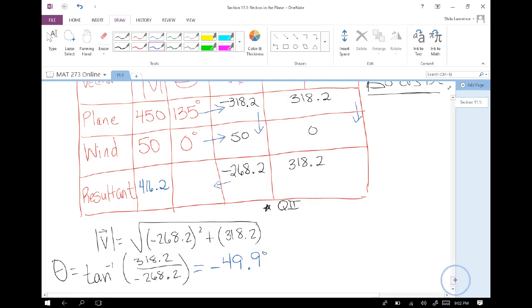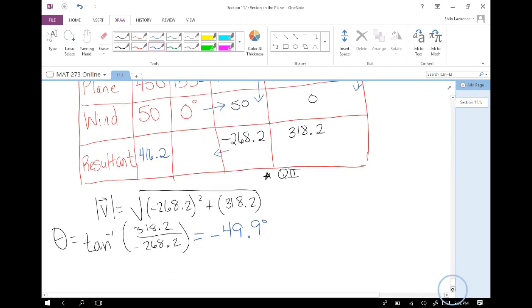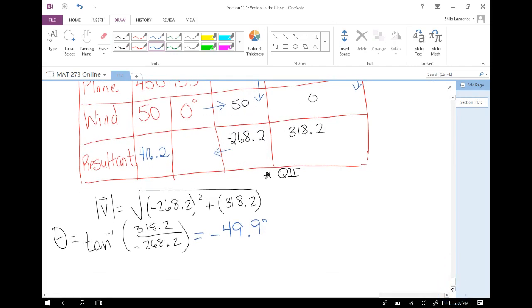This angle references where I am with respect to the closest piece of the x-axis. So we've already identified that this is a quadrant 2 angle, which means negative 49.9 is my distance from the 180 degree line, or my distance from the west line.